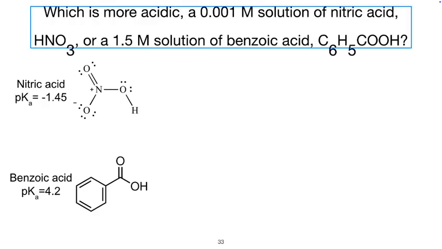So which is more acidic, a 0.001 molar solution of nitric acid or a 1.5 molar solution of benzoic acid? What do you have to do? You're going to have to go through and calculate concentrations of H+. Okay? Officially, how many times do you have to do it?